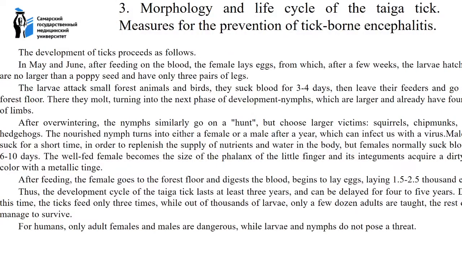The development of ticks proceeds as follows. In May and June, after feeding on blood, the female lays eggs, from which after a few weeks the larvae hatch. They are larger than a poppy seed and have only 3 pairs of legs.